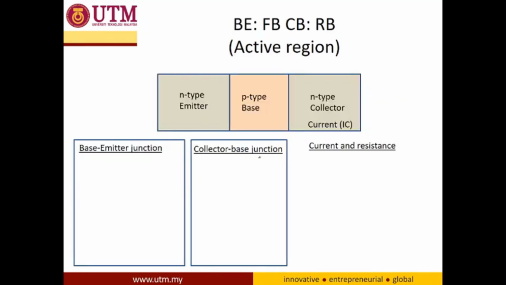Okay, and then lastly is the active region. The active region is where the base emitter is forward biased, so this is negative and this is positive, and the collector base is reverse biased, which means this is positive and this is negative.